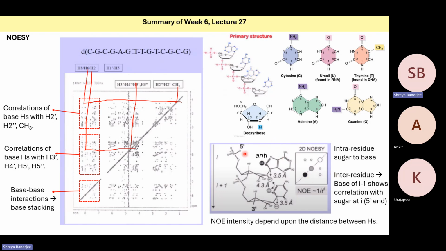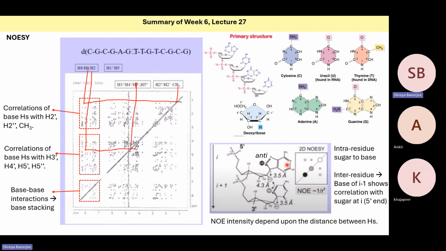Here, two residues are shown. So you have the ith residue. Here is the sugar ring attached to the nitrogenous base, and you have a phosphodiester bond attaching to the i plus first residue. Again, there is a sugar ring and a nitrogenous base. Now, basically, the NOEs that are expected are shown. You have intra-residue interactions, that is between the base and the sugar of the same residue.